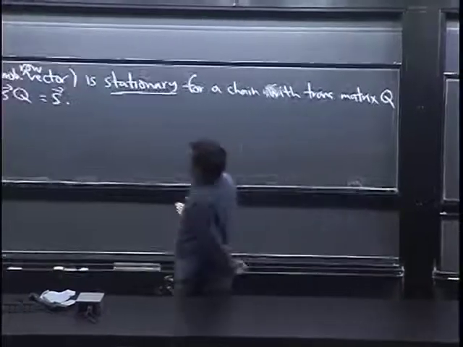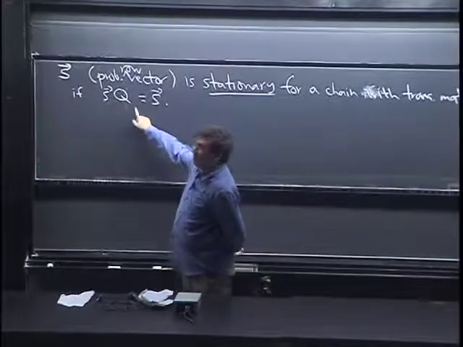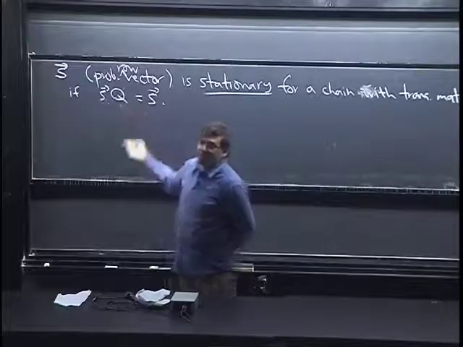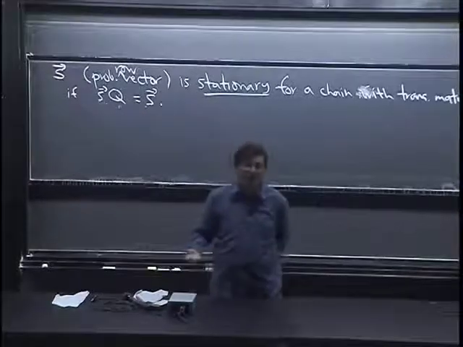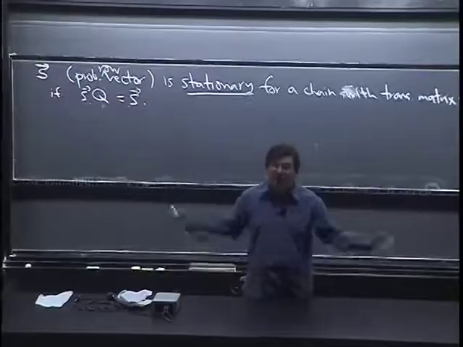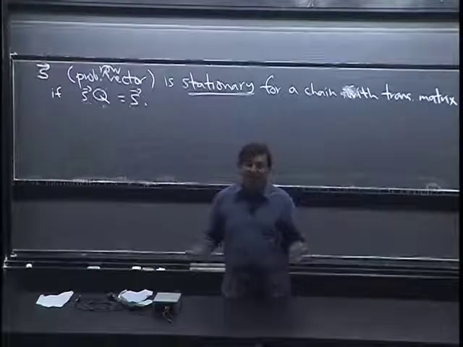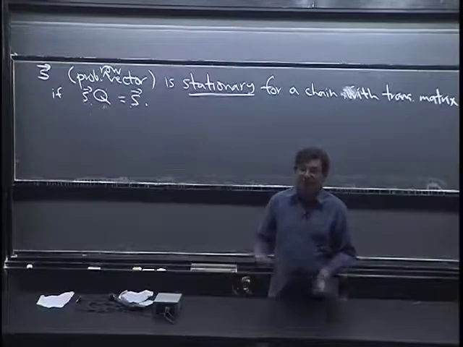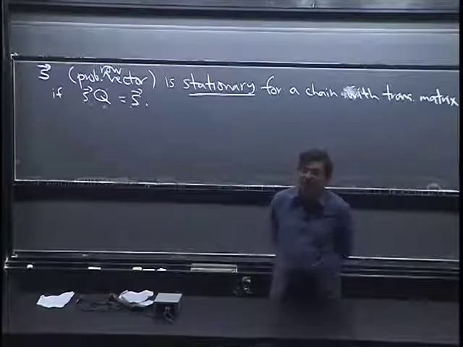But in principle, all you have to do to solve for a stationary distribution is solve a system of linear equations, right? It's written in matrix form, but you could write everything out as a linear system, and you just do your usual thing, eliminate variables one by one, or Gaussian elimination or whatever, and solve the system.